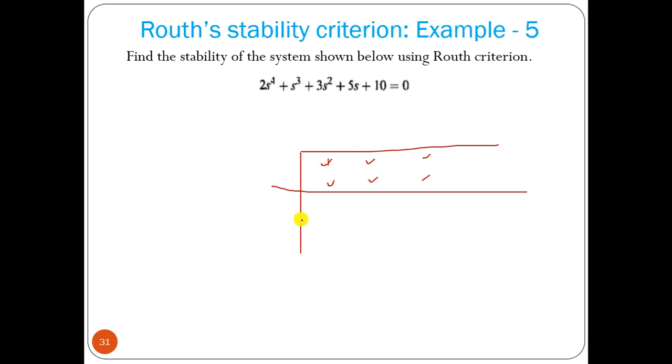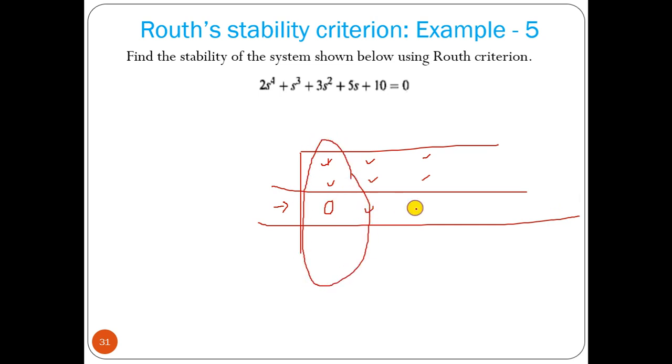What may happen is that in one row, the first column value becomes 0 and we have some other column values non-zero. It can happen. How?